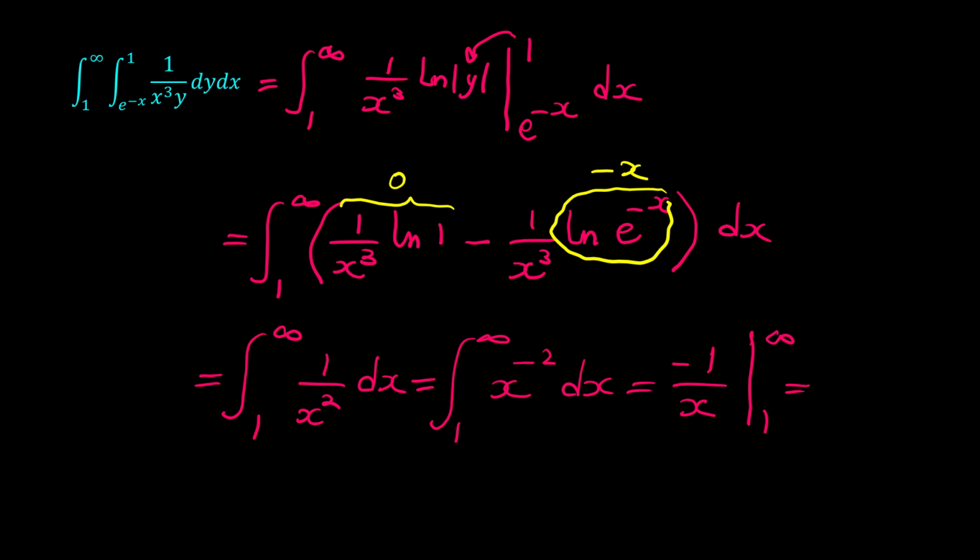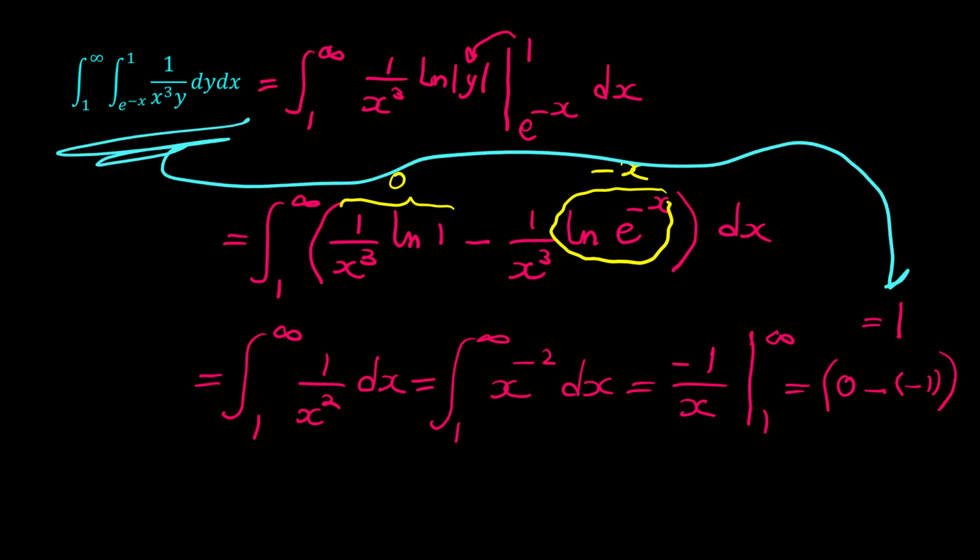So this equals 0 minus, now we plug in 1 for x. Negative 1 over 1 is negative 1, minus negative 1. And all of this equals 1. So the answer of this improper integral here is 1.